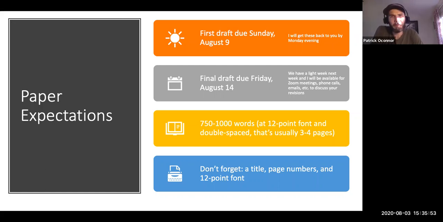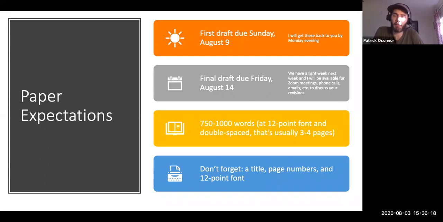The length is 750 to 1,000 words. When you use 12-point font and it's double spaced, that's usually about 3 to 4 pages. There's no extra points for writing 4 pages instead of 3, right? I give the paper length because I know it makes things easier and makes people more comfortable, but I'm not too worried about that.